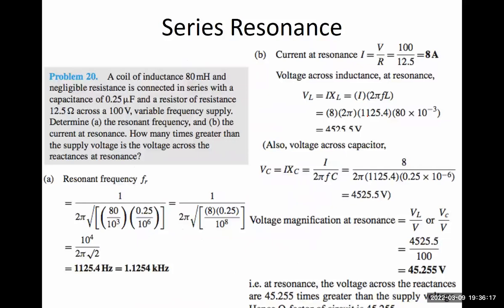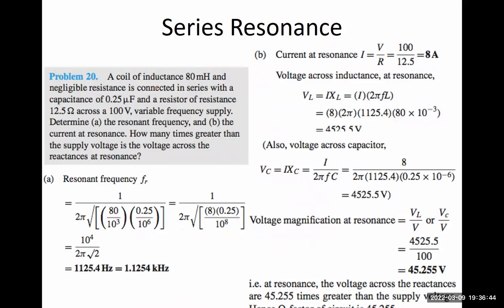So let's have this as our example. A coil of inductance of 80 millihenry and negligible resistance is connected in series with a capacitance of 0.25 microfarad and a resistor of resistance of 12.5 ohms across a 100 volts variable frequency supply.